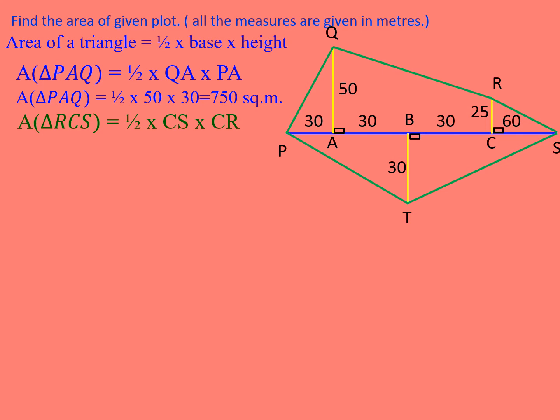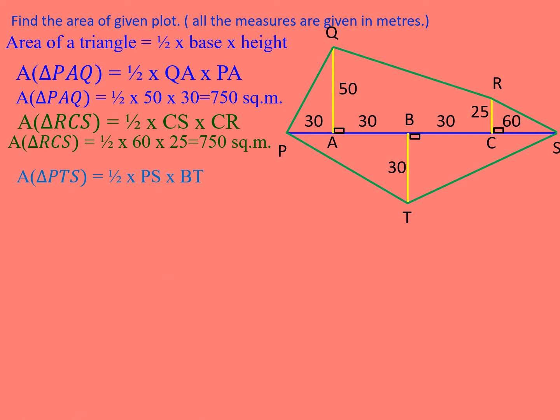We are taking all the triangles first. So half into CS is the base and RC is the height. Substitution, half into 60 into 25. When we simplify, we get 750 square meter.